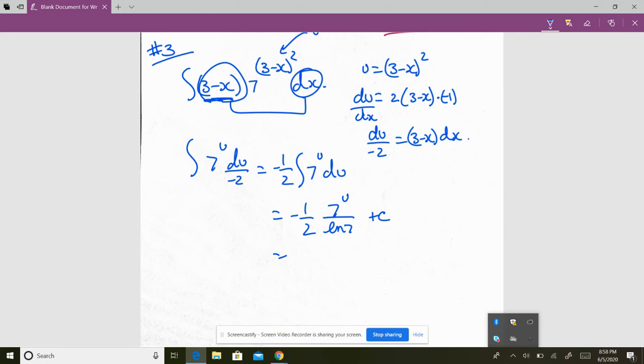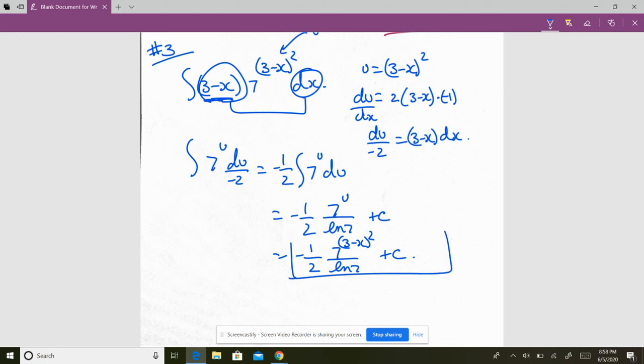What's our u? 3 minus x all squared. So negative 1/2 times 7 to the 3 minus x all squared over the natural log of 7 plus c. There you go. You could move this 2 up to get natural log of 49. It's up to you, but I'm fine if you leave it right there.